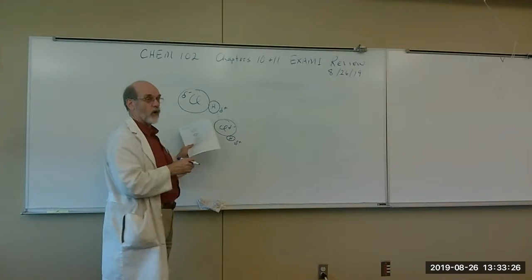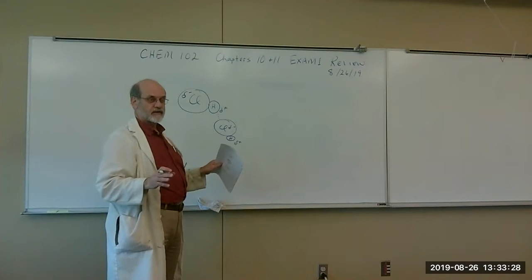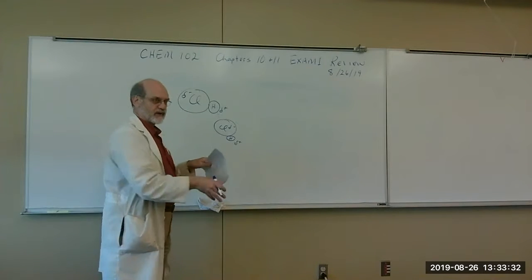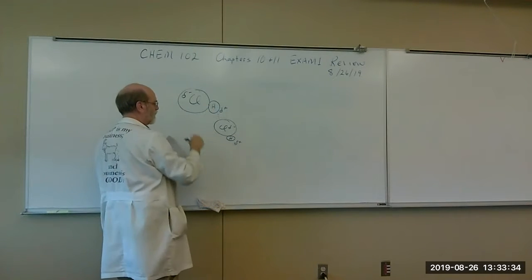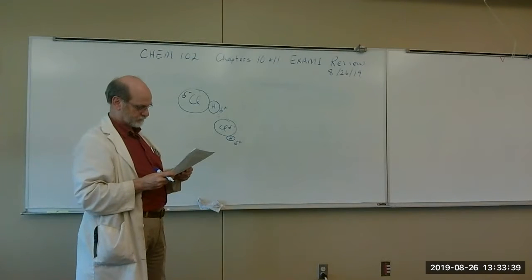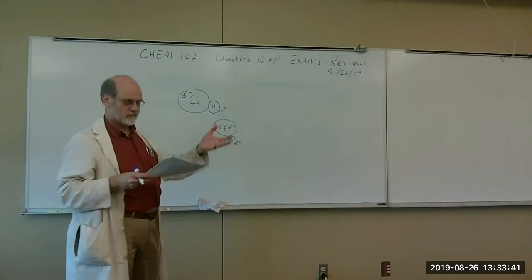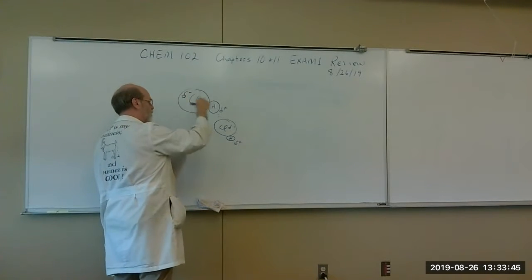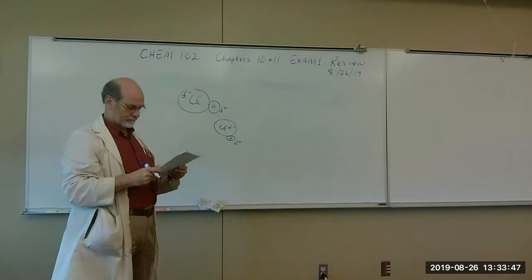Even though when you put them in water, they completely dissociate. But that's a different interaction between these molecules and water. But in the gaseous phase, this is a covalent bond. And we don't have any ions there. And the picture, of course, gives it away too, because we don't have any complete pluses and minuses here and there.